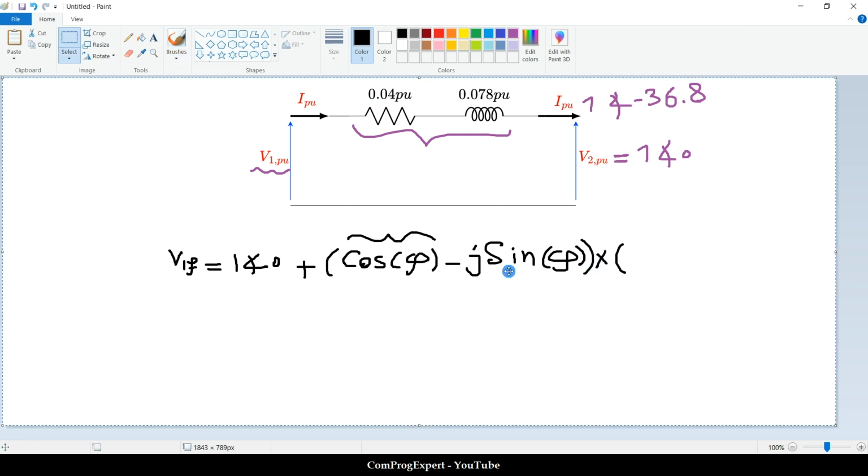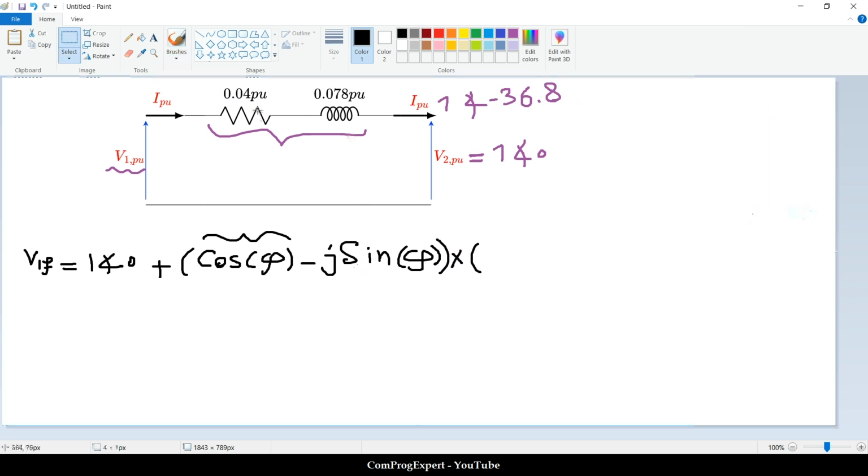This is the R equivalent, yes, R equivalent in per unit format. And this is plus j X equivalent in per unit case.